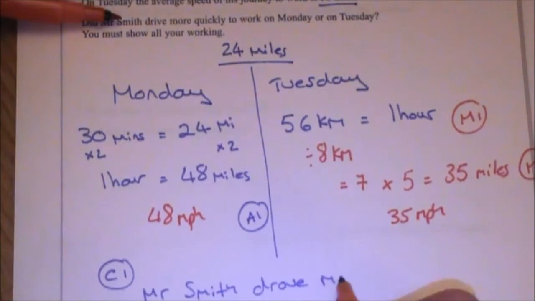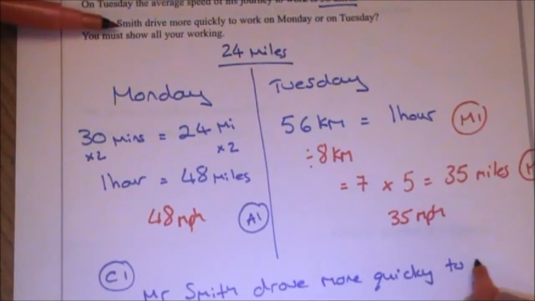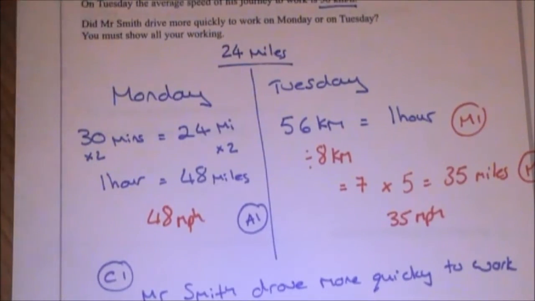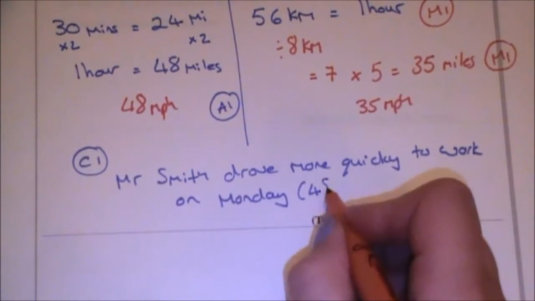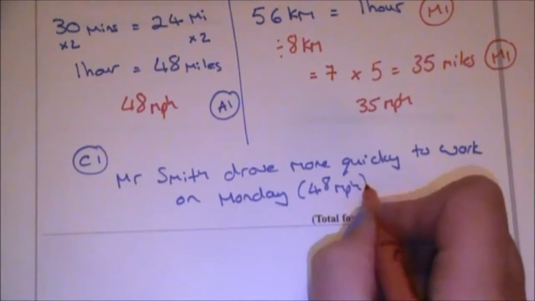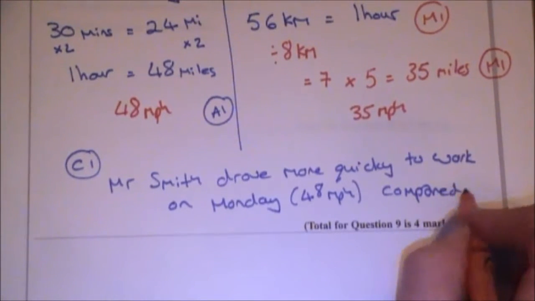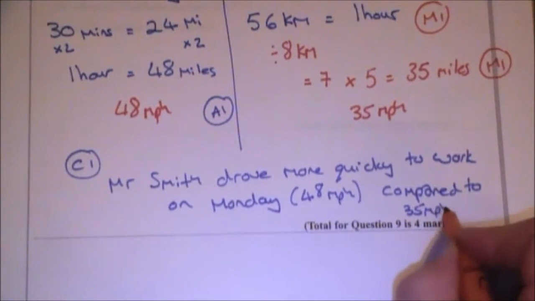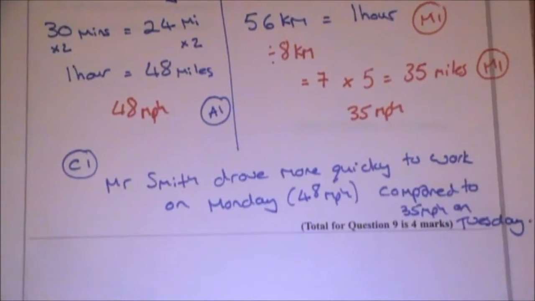drove more quickly to work on Monday. And I'm going to write the 48 miles per hour compared to 35 miles per hour on Tuesday.